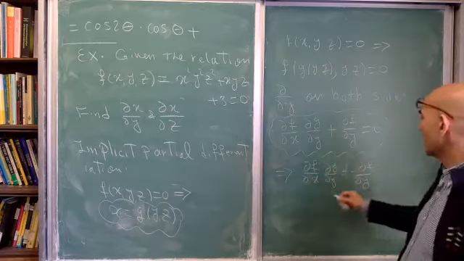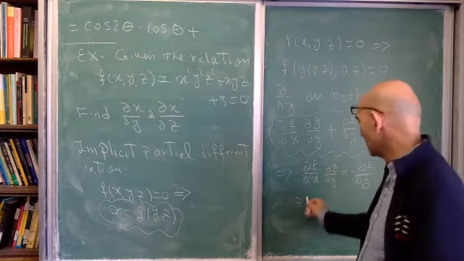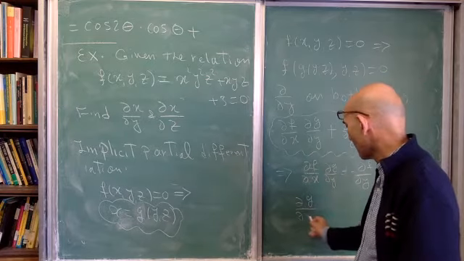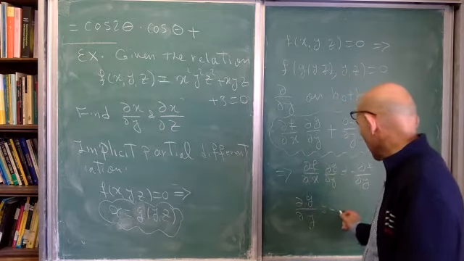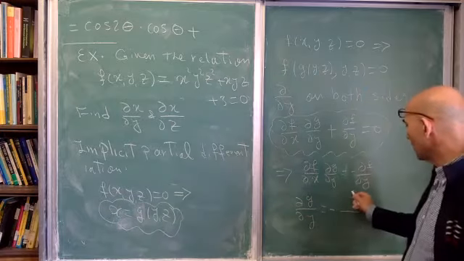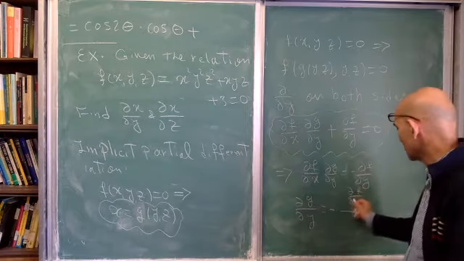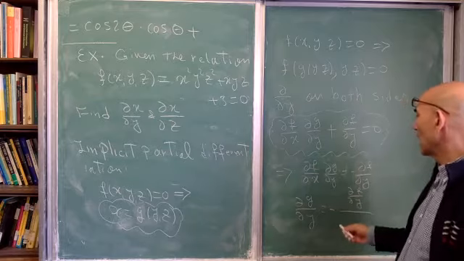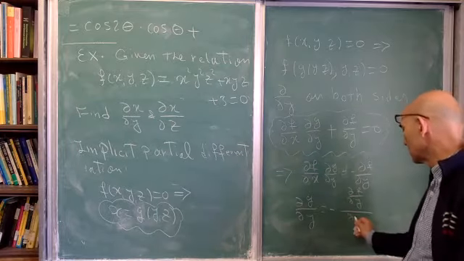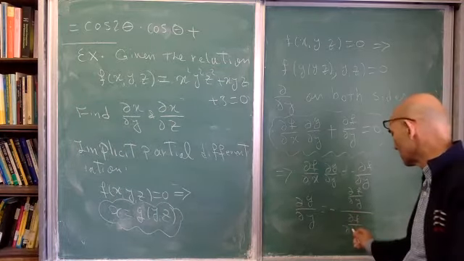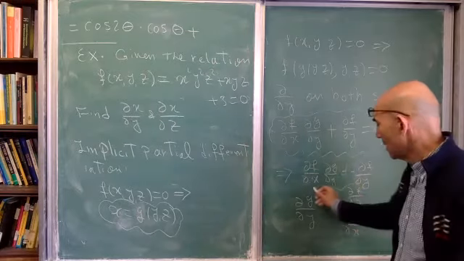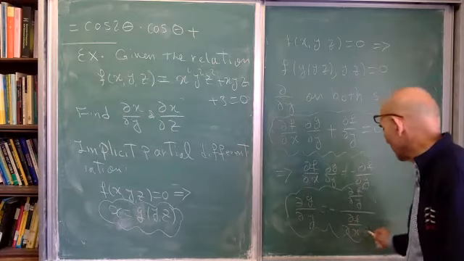And we just divide. So we get dg dy is equal to negative df dy over df dx. So that's the equation that we were looking for.